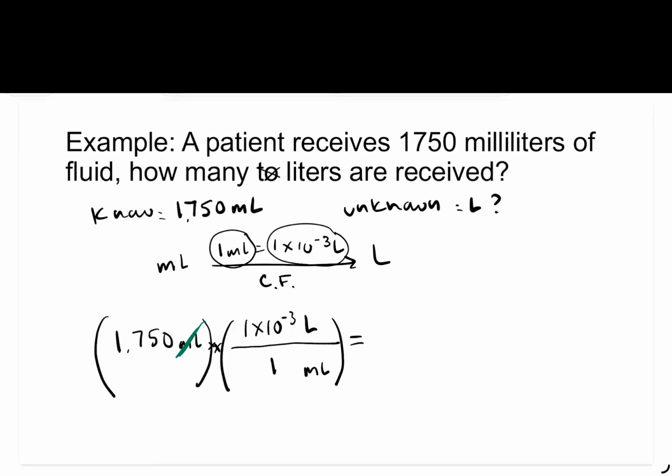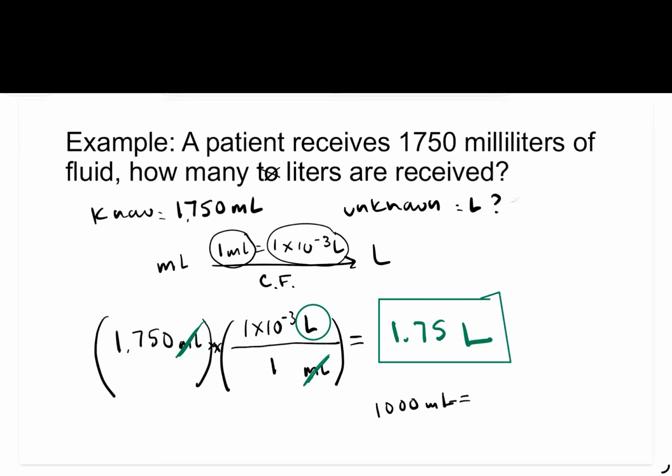So milliliters on the top cancels with milliliters on the bottom, and I'm left with liters. And that's the unit that I want. So that's great, I just did that little check right there. And I plug this into my calculator. I get the answer 1.75 liters. This definitely makes sense because another way to think of the milliliter to liter conversion is that there are 1,000 milliliters in every 1 liter. And this is 1750 milliliters, so it should be 1.75 liters.